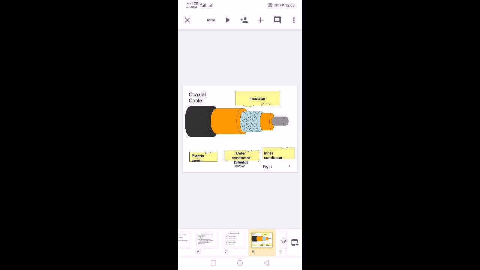The mesh you are looking at is the insulator, and this is the outer conductor, and this black color is the plastic cover occupying the outer conductor. So it will greatly reduce electromagnetic radiation, and there is no chance of crosstalk. But the disadvantage is that the cable is expensive and it may get damaged.